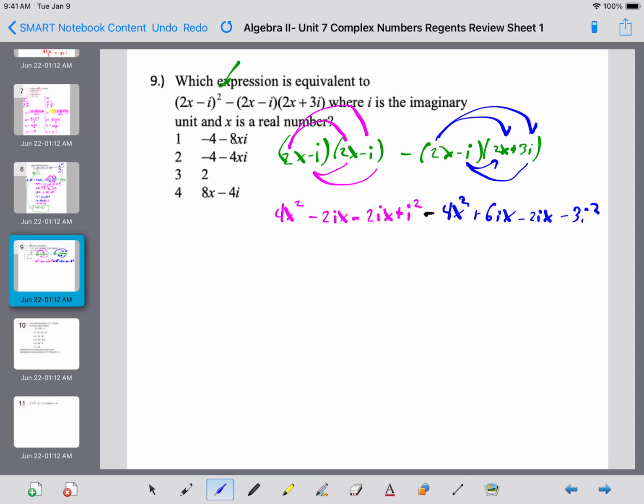Okay? And make sure you include the parentheses because we didn't distribute out the negative. Combine like terms and then distribute out the negative.